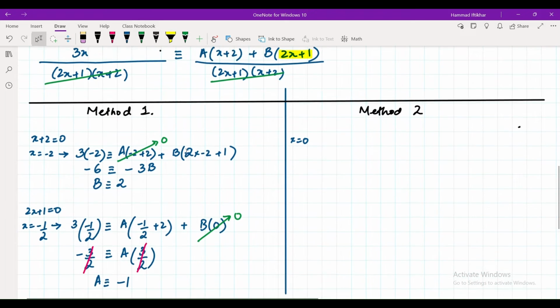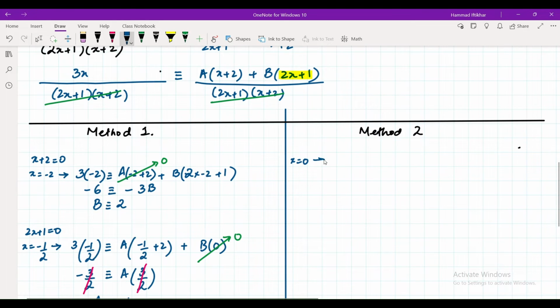Easiest numbers that we can think of. So 3 times 0, a times (0 plus 2), plus b times (0 plus 1). So 0 equals 2a plus b. Very straightforward.